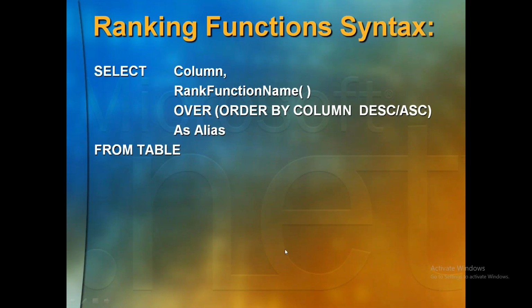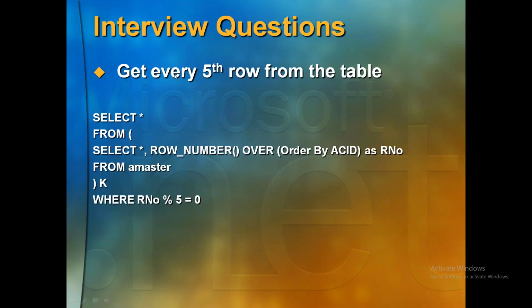One of the interviews asked this question. I wanted to get every fifth row from the table. They said not 1, 2, 3, 4, every fifth row. Then you need to say row number percentile 5 is equals to 0. So this will give you every fifth row from the table.